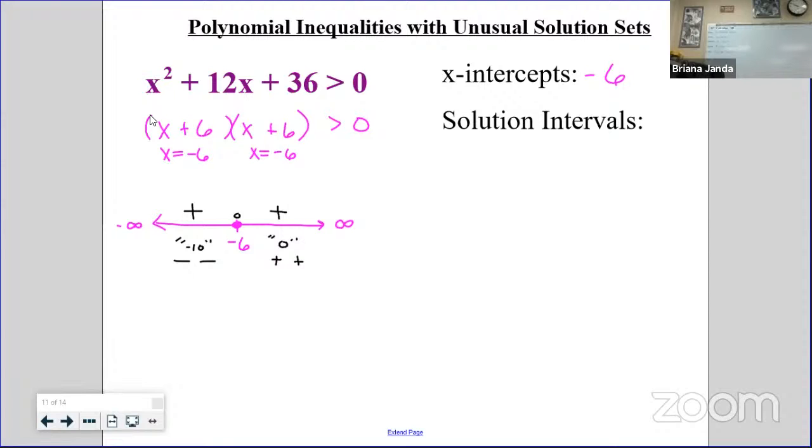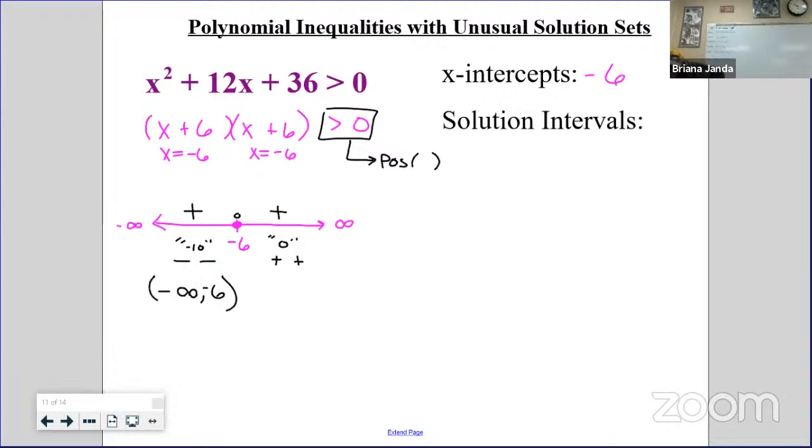So the question is, where is this function bigger than 0 or positive? You have to be very careful on this one. Do we get to include the zeros? No. So where is it positive? It is positive here, the interval from negative infinity up to negative 6.